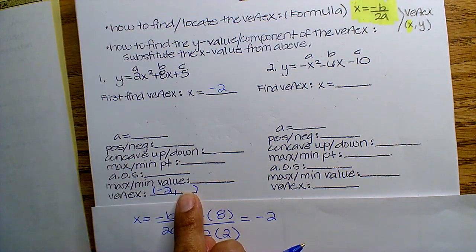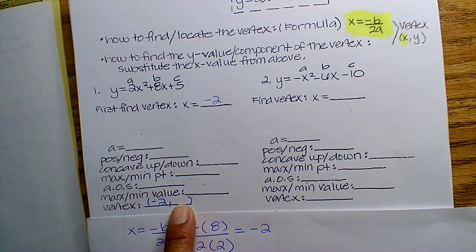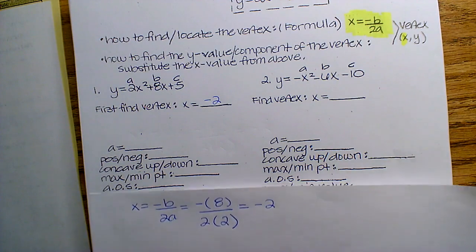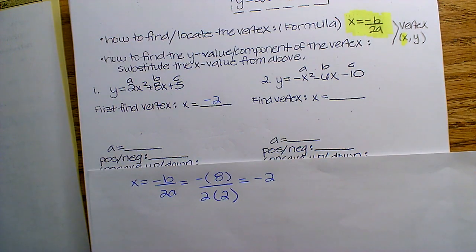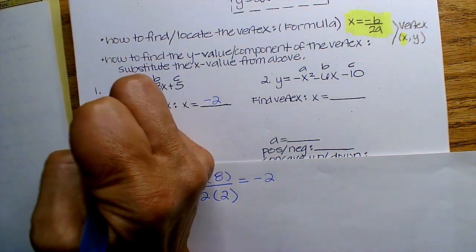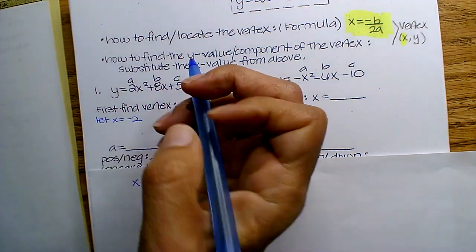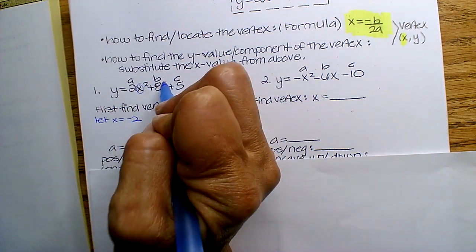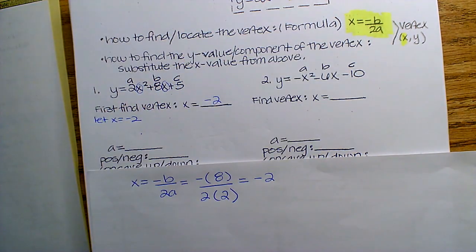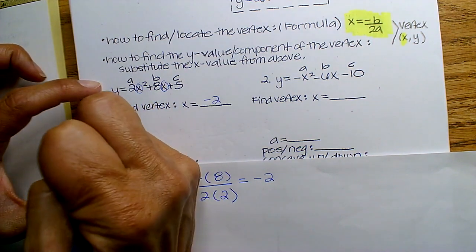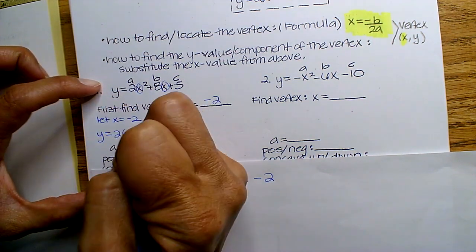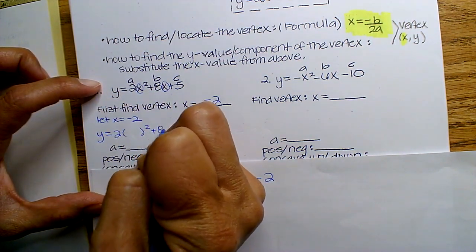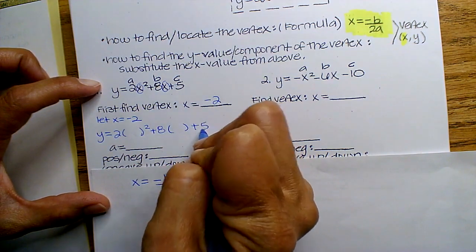I now need to find the y value. Okay, so how do I find the y value? By substituting. Let x equal -2 and put it into your x variables in the standard form function. That's it. So to find my y, 2 parentheses squared plus 8 parentheses plus 5.